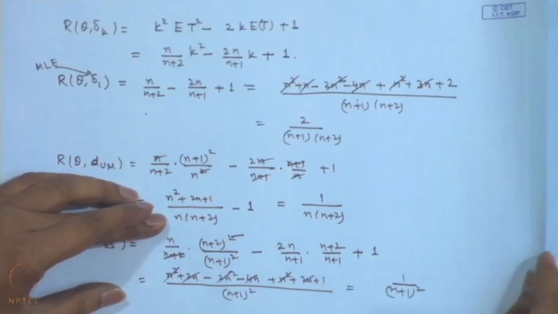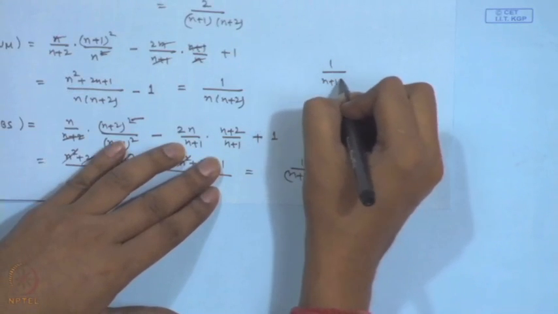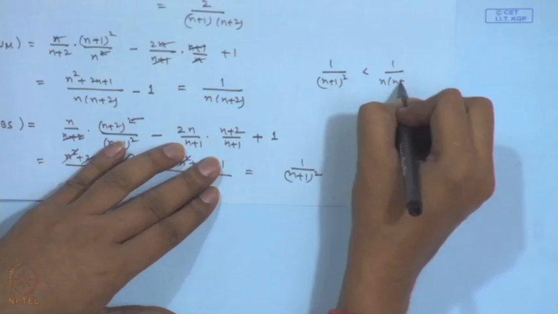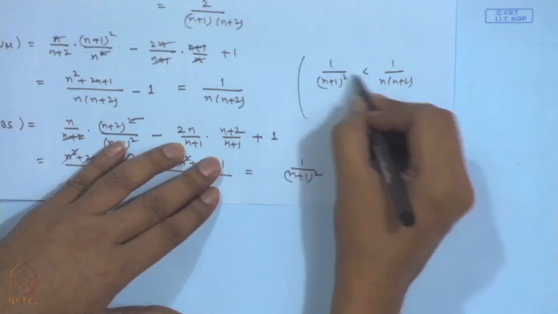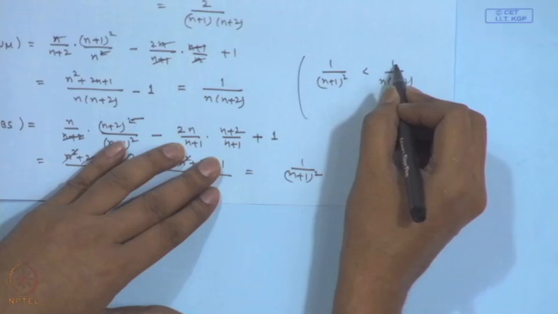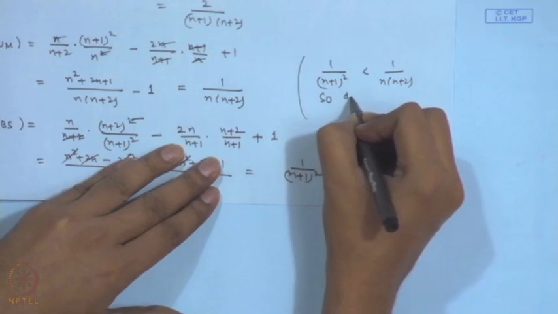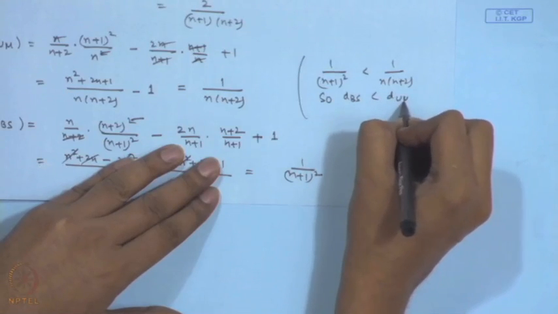So, if we compare now, this 1/(n+1)² is less than 1/(n(n+2)), because this is n² + 2n and this is n² + 2n + 1. So, the best scale equivariant estimator is better than the unbiased one.